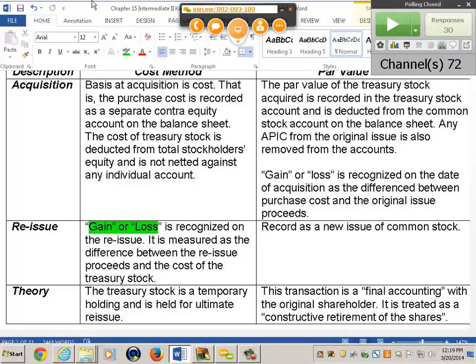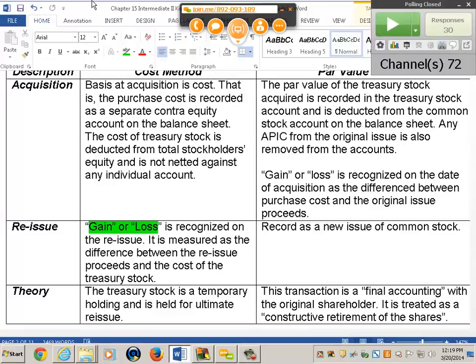The reason why they do not go into income and they go into stockholders' equity is because these are considered capital transactions. A capital transaction is a transaction that involves the company's own equity securities. You don't want managers to buy and sell their own stock and put these gains and losses on the income statement.